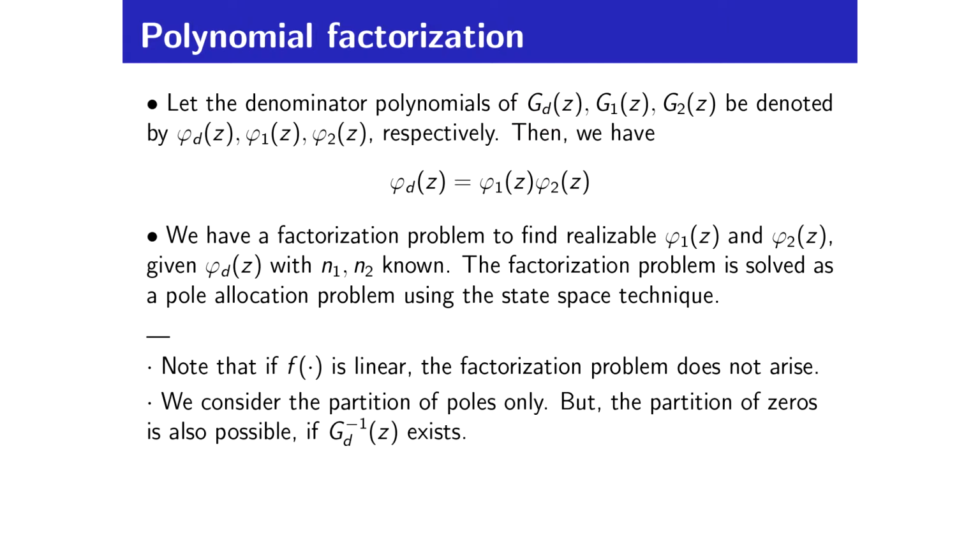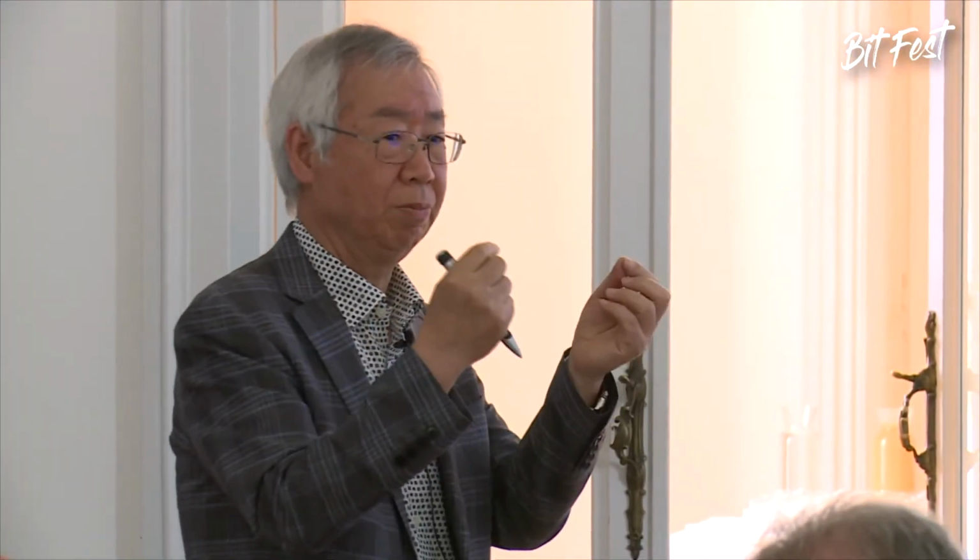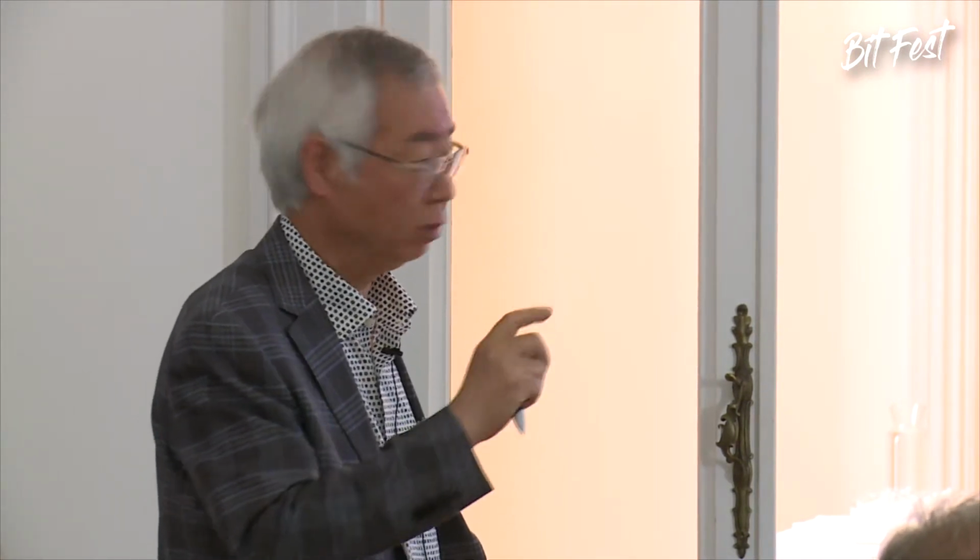This is a note. If f is linear, then this factorization problem doesn't arise, because if we change the linear element, there's no change in the input-output relation. So if the system is linear, this problem doesn't arise. Also in this talk, we consider only the partition of poles, but the partition of zeros is also possible if the transfer function is biproper.